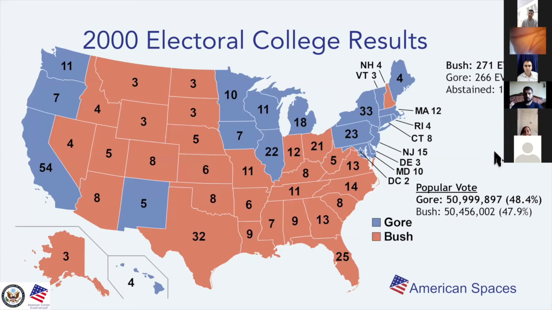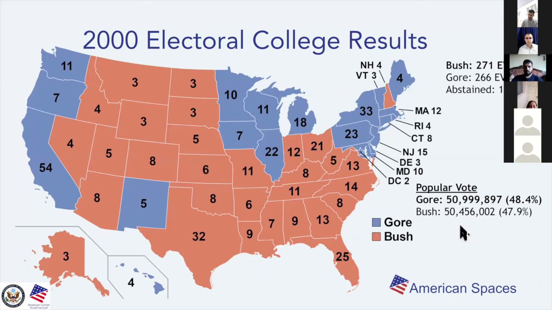We see that Al Gore, who was then the outgoing vice president, got about 50 million votes, and then George Bush won about 50 million votes. Gore won about 500,000 more votes nationally than Bush did. So a very, very close election.